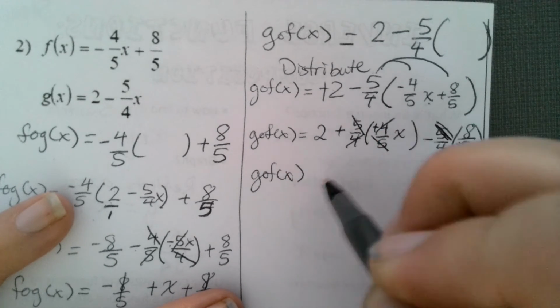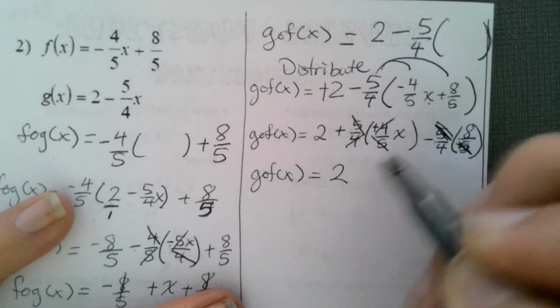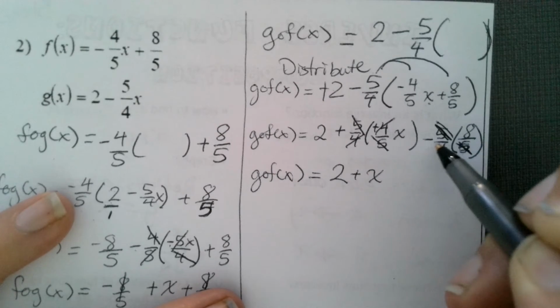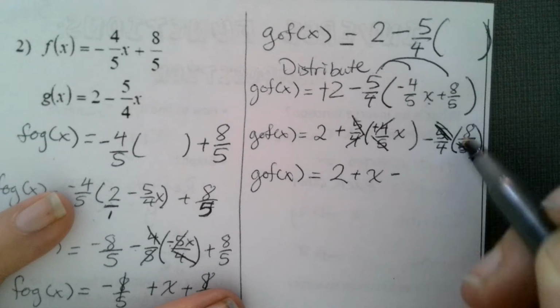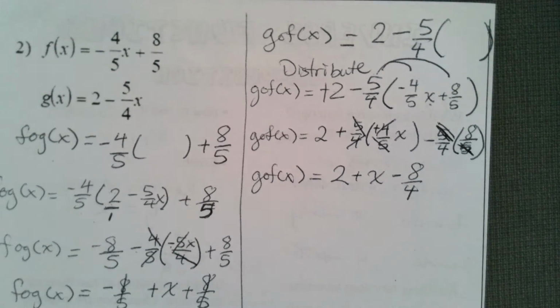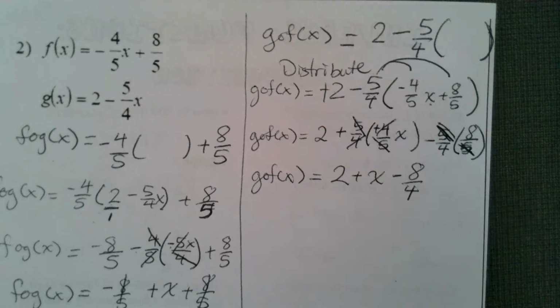There's still a couple things. I've got a 2. I still have the x left. I still have a minus. I have 8 on top, and I have 4 on the bottom. Anybody, what is 8 divided by 4? Good.